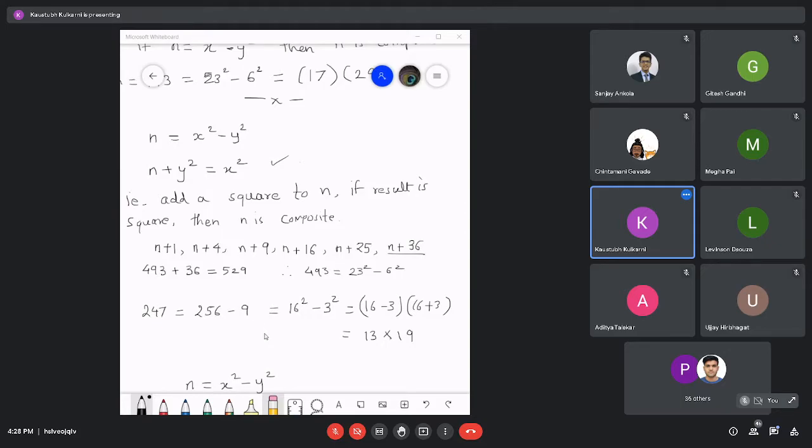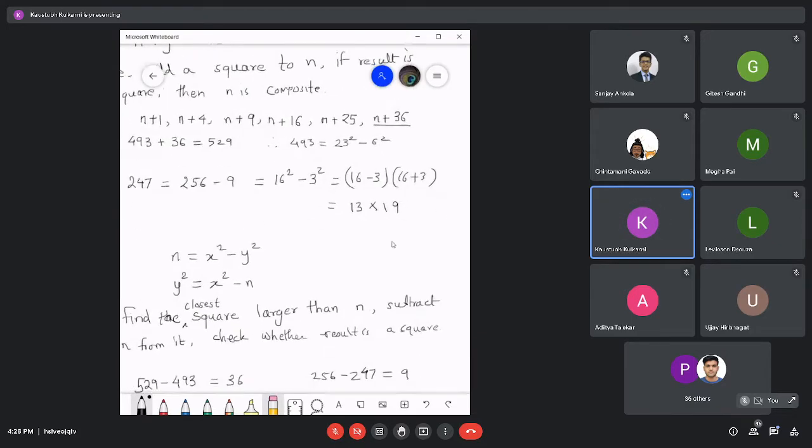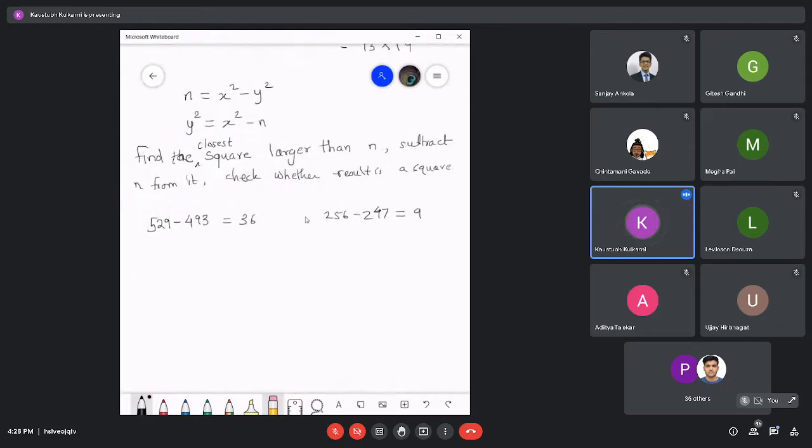So what we can do is decide where we can stop. For example, in this case, 16 square minus 247 is 3 square.